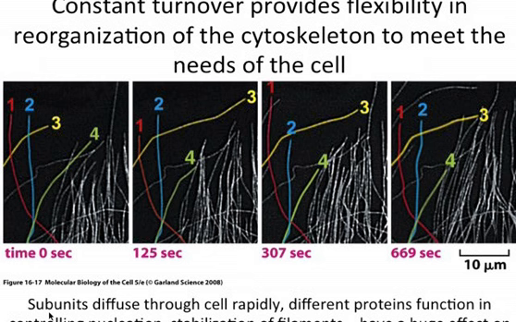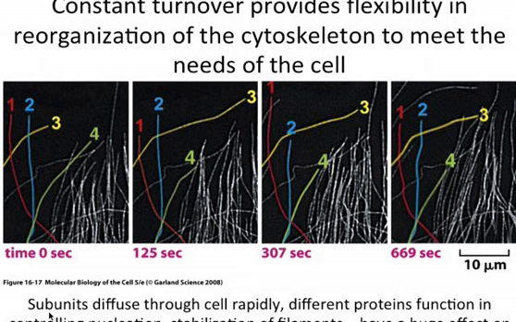Is this microtubules? I believe so. They're doing it over time: 0, 125, 07, 669. Strange numbers, huh? And you can see 1 is here, then it's there, then it's there, then it's there. This is a pretty short amount of time, right? So it's constantly growing and shrinking.